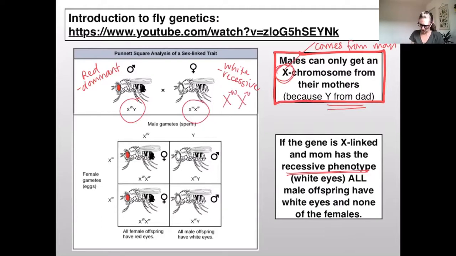I like to draw in cursive so I can tell the difference. In the Punnett square, we put dad's gametes there and mom's gametes here, and the mom is giving her recessive allele to all of the males, so all of the males are affected, but none of the females.